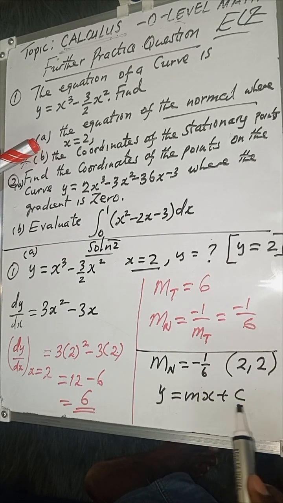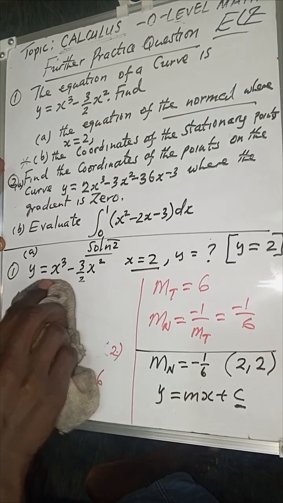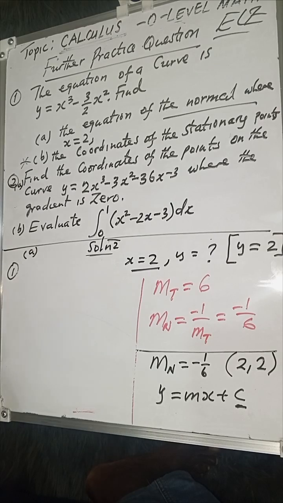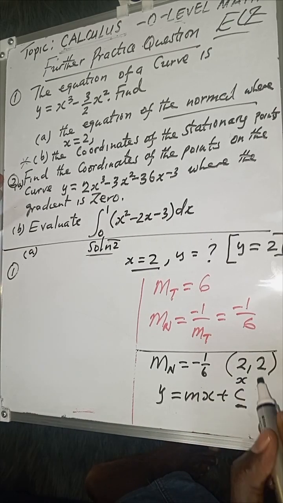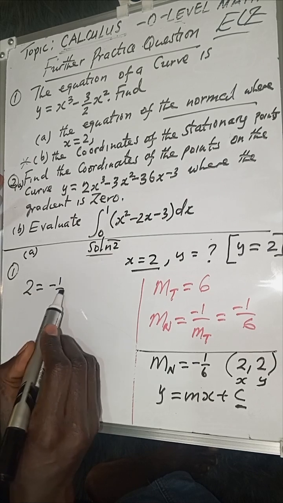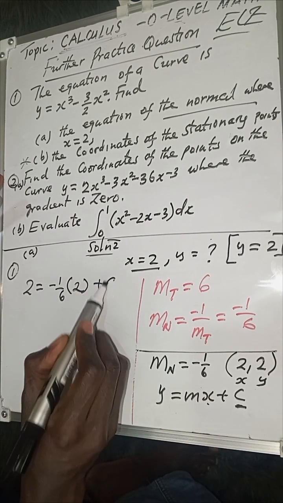But first of all, you need to know the y-intercept. So how do I know my y-intercept there? Well, I will replace, remember that is x, that is y. So it will be 2 is equal to gradient negative 1 over 6 times x, which is also a 2, plus c.